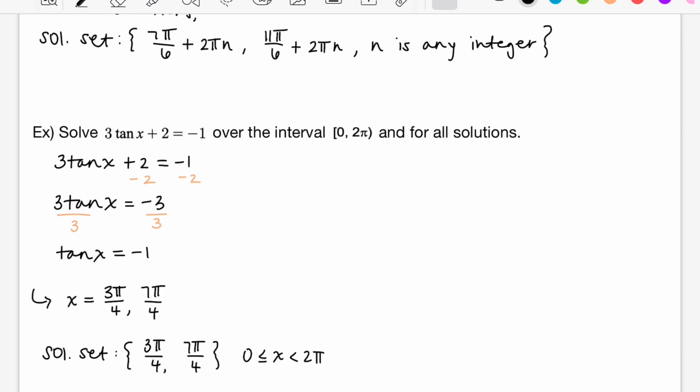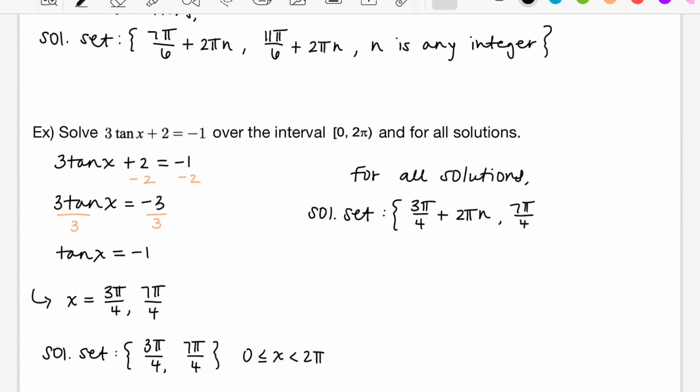Now for all solutions, let's do that up here. By the same reasoning, we want to capture all rotations outside of the interval 0 to 2 pi. So this will be 3 pi over 4 plus a multiple of 2 pi, which we'll represent with 2 pi n, and 7 pi over 4 plus this multiple of 2 pi n.